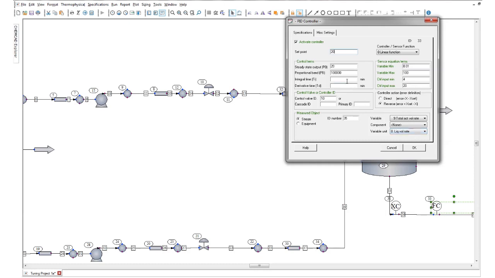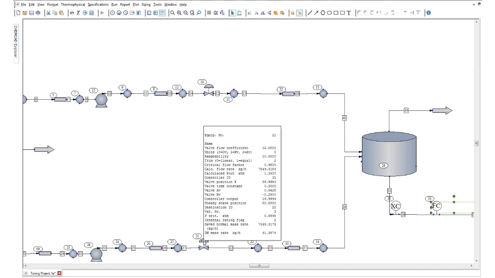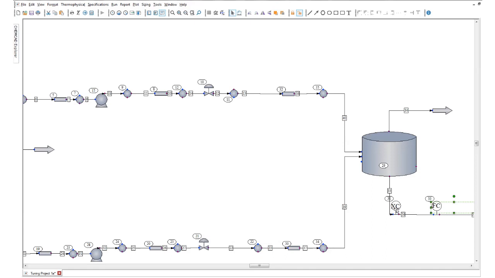So again, we're going to look at controlling the flow rate of water to give me a total flow rate that's leaving. And we're going to control the ethanol flow rate to give me the composition. So these two valves are going to have to work together and be controlled well in order to achieve my given target.